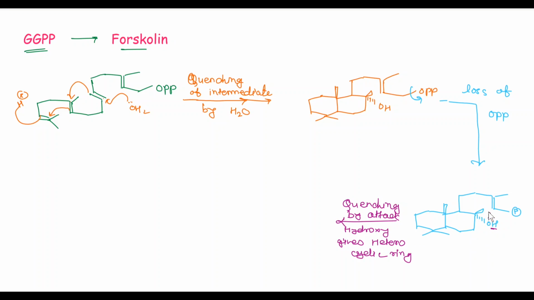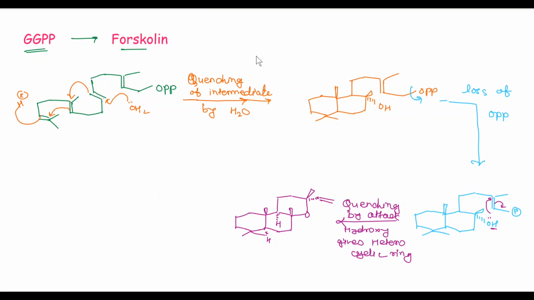Lone pair of oxygen attacks this carbon. This double bond shifts and we get here oxygen, here methyl, here methyl, hydrogen below the plane, here hydrogen below the plane, here methyl above the plane and this double bond below the plane.